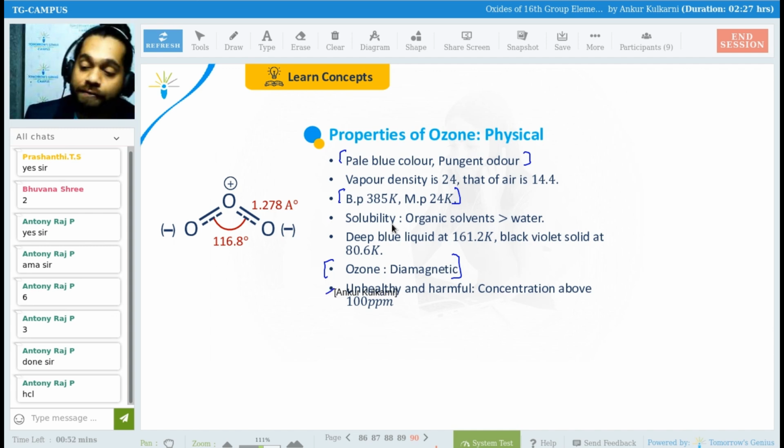Ozone is actually harmful, and the ozone which is present above in the atmosphere, how does it get depleted? Prashanti, why does it get depleted? Sarjana and Ragul, Bhuvaneshwari, why does ozone get depleted?